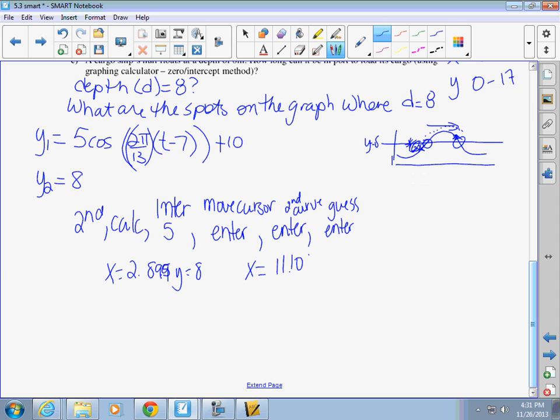Because the question said, how long will it be in port? That's when you do just a little bit of basic math. 11.1 minus 2.9 is equal to 8.2 hours. So it can be in port for just over 8 hours.